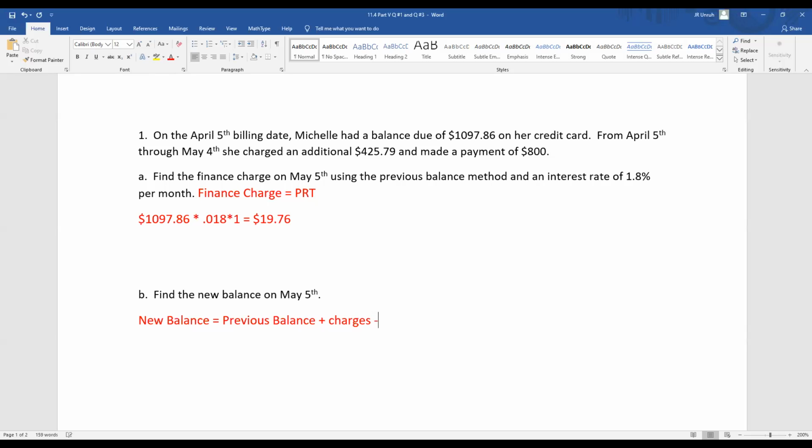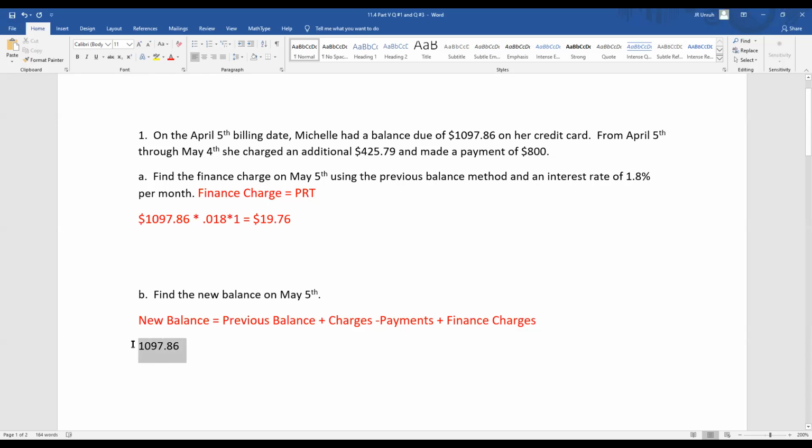We will subtract any payments that were made, and we need to add the finance charges. So to get our new balance, we are going to take the previous balance, which in this case is 1097.86.